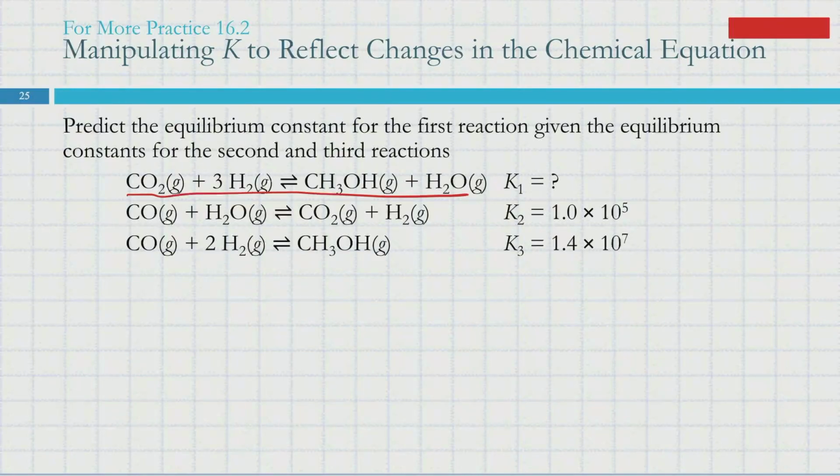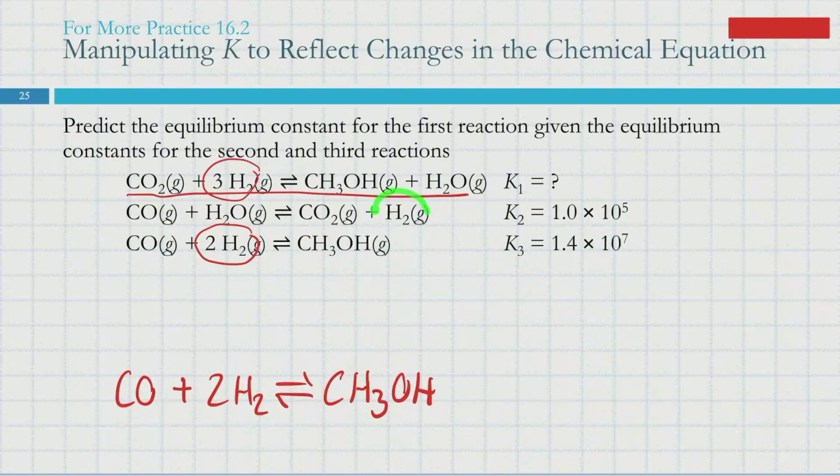I'm looking at the H2 as something to focus on here. Our second reaction, that's this bottom one, our bottom reaction already has 2H2 on the left side, so I think we should keep that in the way that it is.